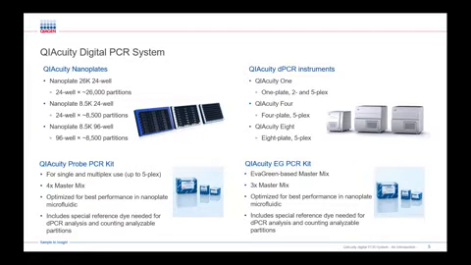Second, we have the QIAcuity dPCR instruments, which range from a one-plate instrument with 2 detection channels up to an 8-plate instrument with 5 detection channels. Third, we offer 2 PCR kits for either probe-based or EvaGreen-based detection.